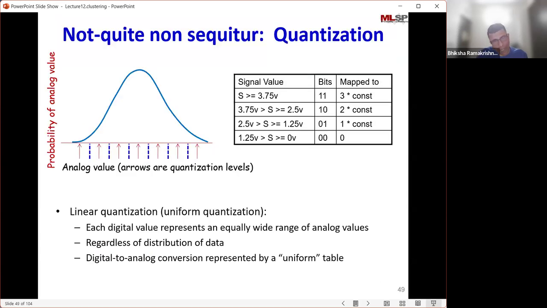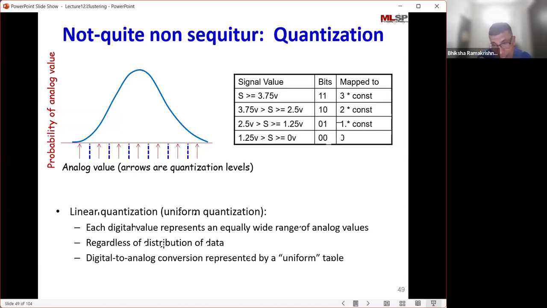Let me move on. So I'm going to move on to a not quite non sequitur problem, that of scalar quantization. And this has to do with how we represent data in real life. So for example, if you're capturing images, what do images capture? Those RGB values you're capturing are representing the intensity of the light at 3 wavelengths.